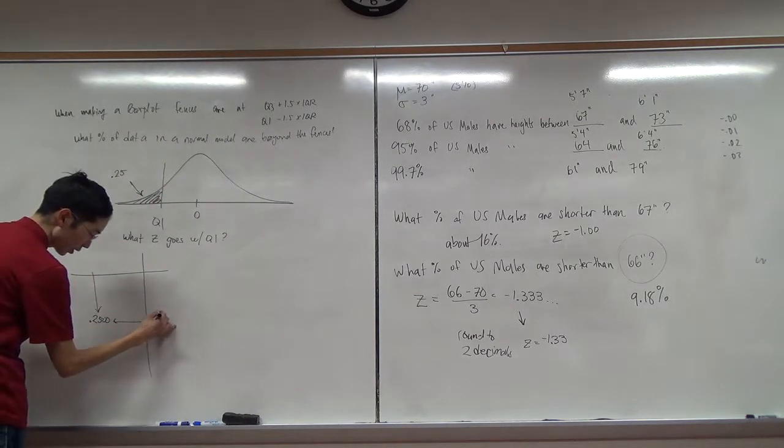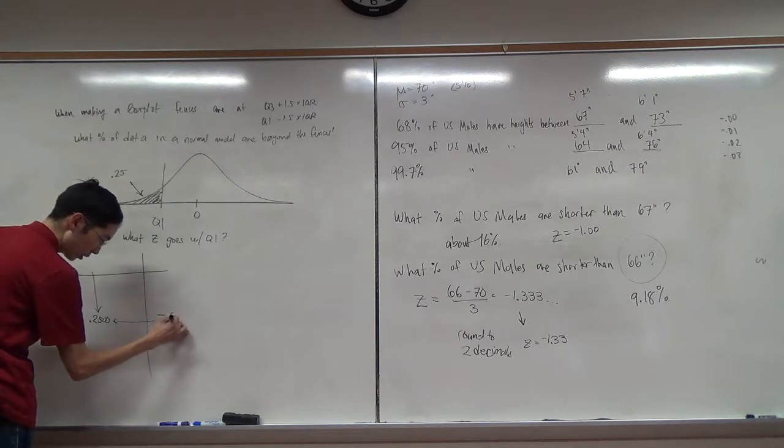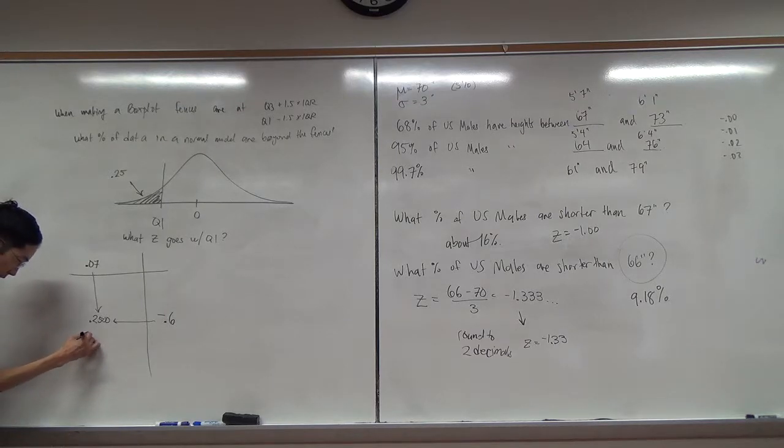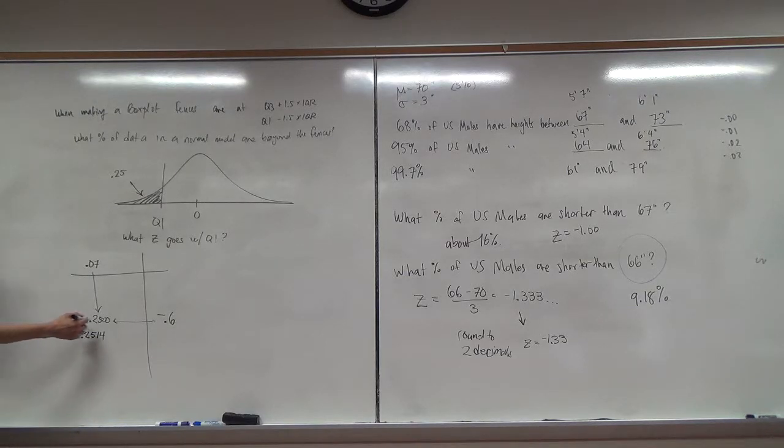Okay, so you would end up at the row negative 0.6 and the column 0.07. If you look up negative 0.6 and the column 0.07, the number that you end up with is 25.14%. You won't actually find 25% exactly. You'll find 0.2514, and you also find 0.2483. These are going to be the two numbers that are closest to 25%.